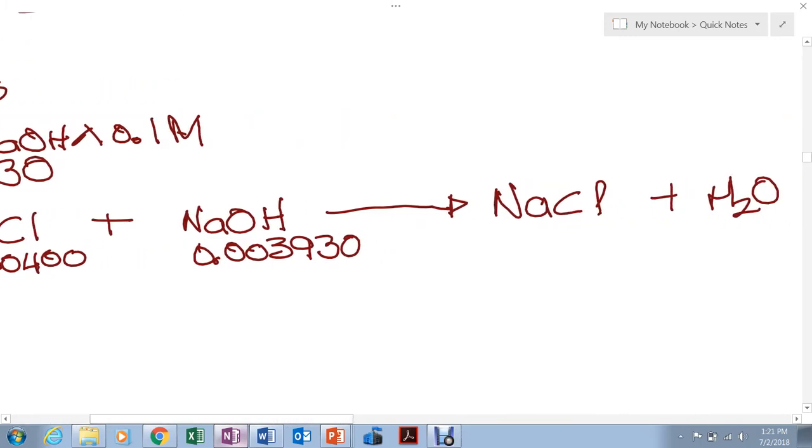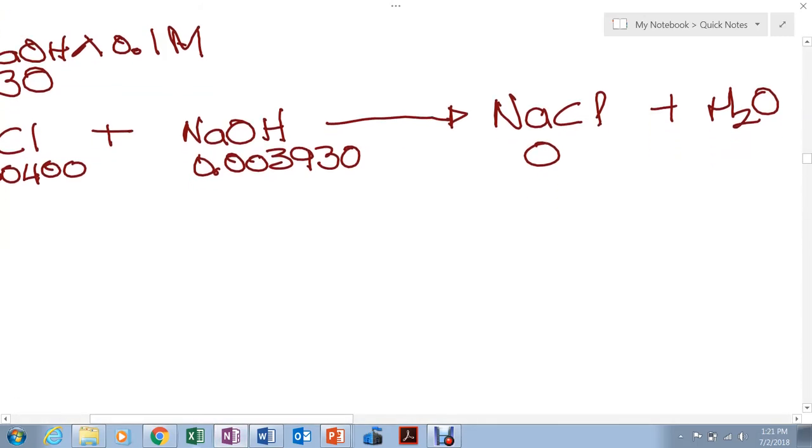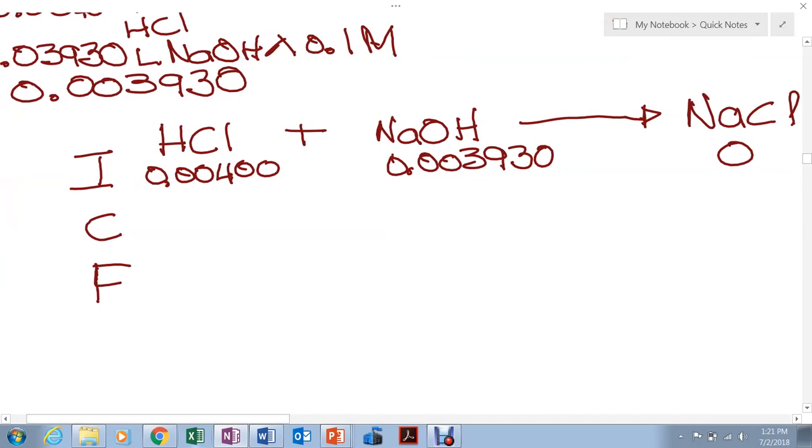So here 0 and 0 water. Let's ignore the water because the concentration doesn't affect the pH. So we got minus 0.003930.